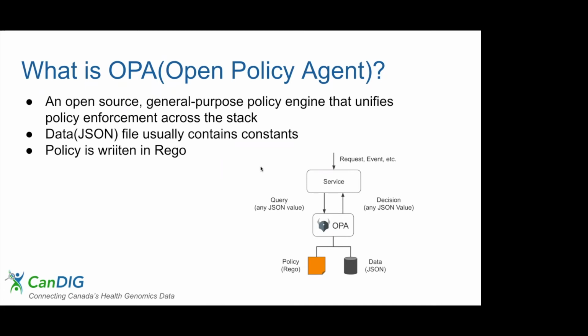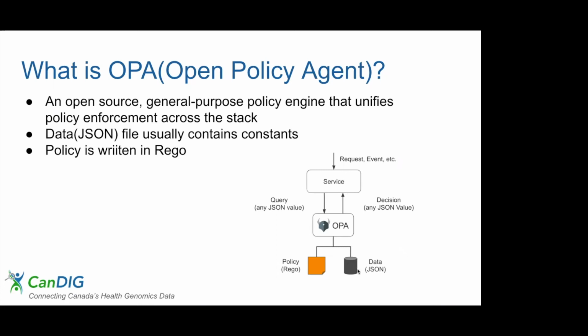In the diagram below, it shows the usual flow for using OPA. A request is sent to the service, then the service will send the query to OPA. Then OPA will make a decision and return it back to the request. OPA usually has two types of files.